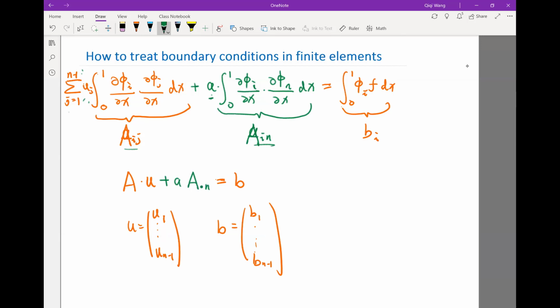A dot n almost looks like an extra column in this matrix, right? It's a column vector, but the form of it, how we compute it, is pretty much like just an additional column in the matrix.